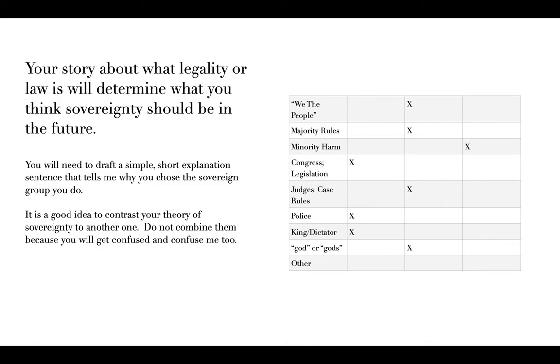In other words, there are other scientific ways of thinking about this if you want to go down that road. The idea here is that it'd be a good idea to spend a couple of sentences saying, this is what I think, and this is why it's different than a different point of view of sovereignty. But don't try to combine them, because you're going to get confused, and then you're going to confuse me too.